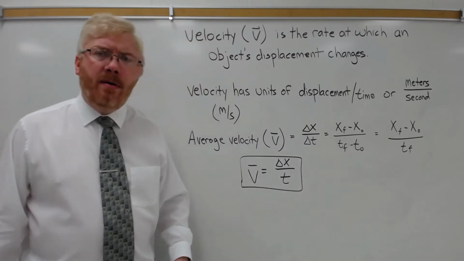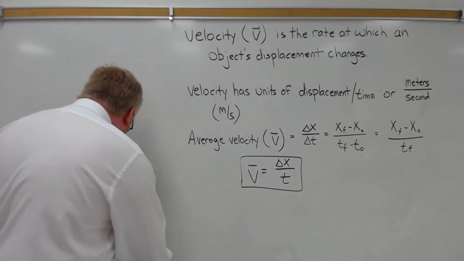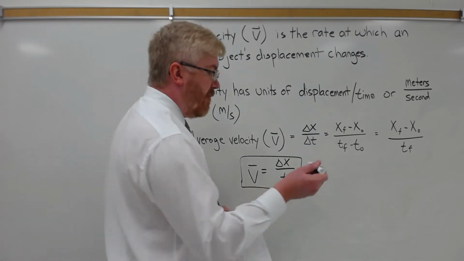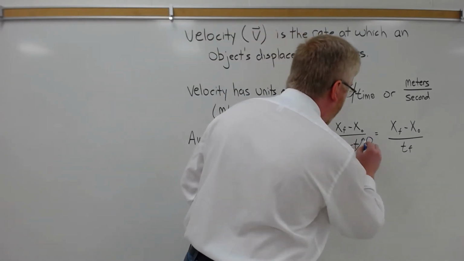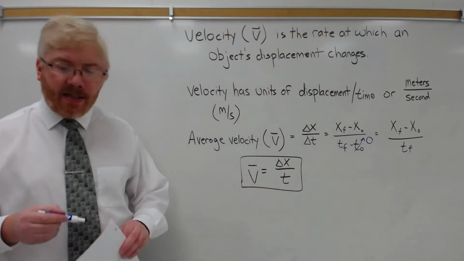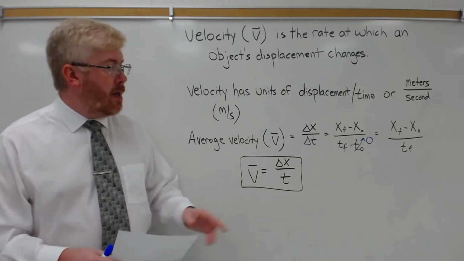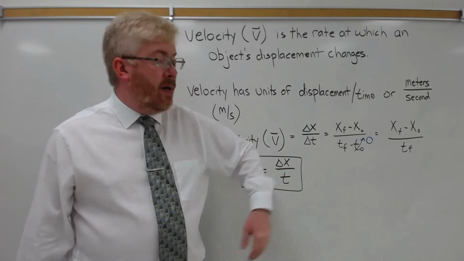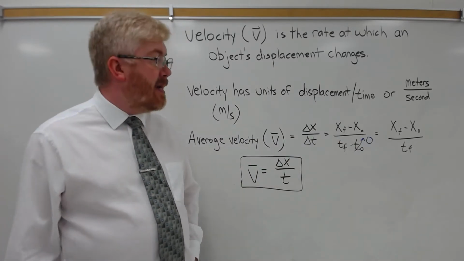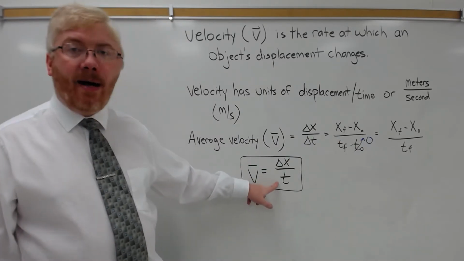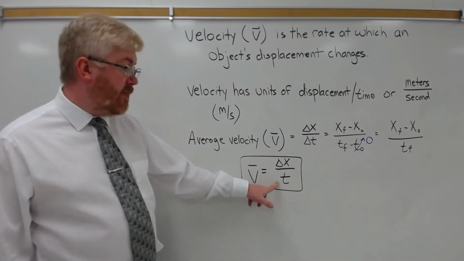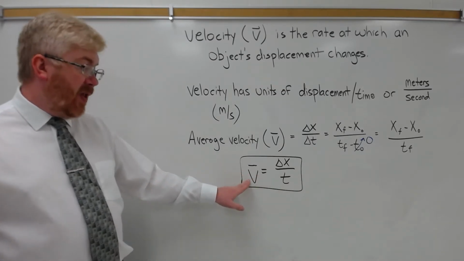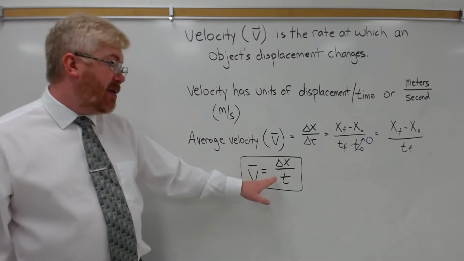But remember, we set that initial time to be 0 for most of our problems. So final time is what remains in the denominator, and we call that just time, if you remember from earlier in this video. So average velocity is displacement over time.